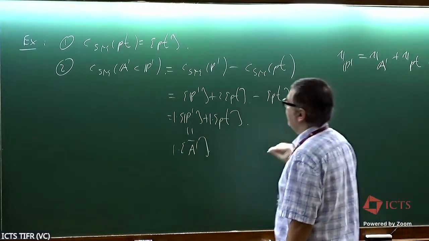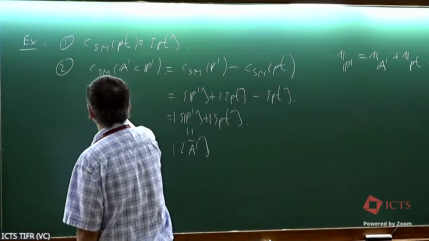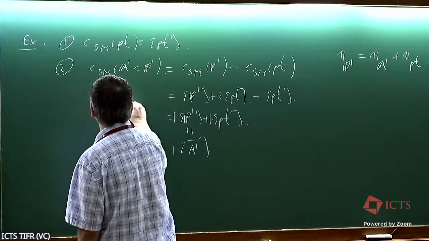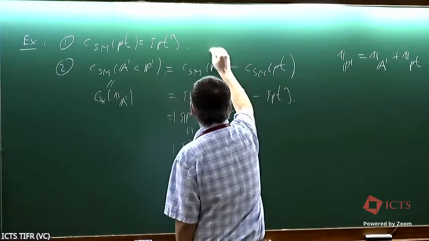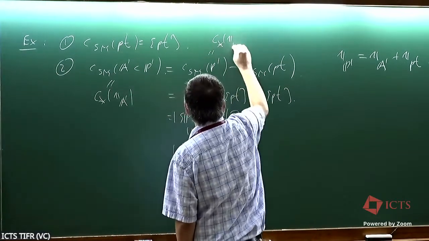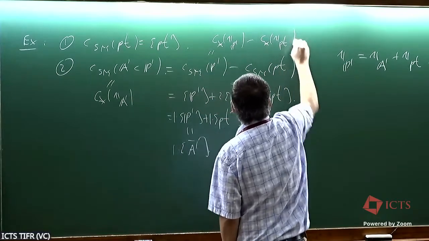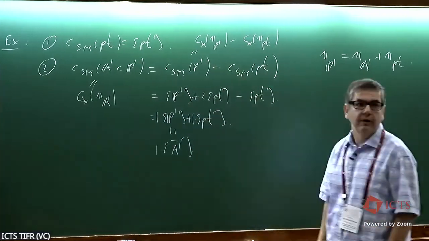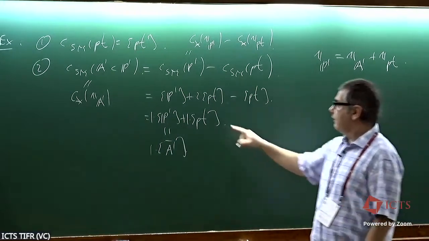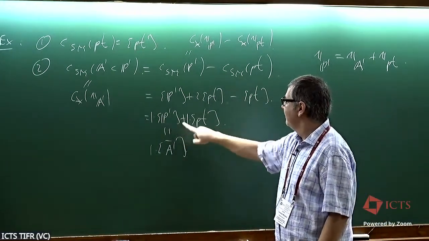Therefore, I was writing the CSM class of A1, which by definition is just the c star of 1 A1. And I was writing it as the c star of 1 P1 minus the c star of 1 of the point. And then I just calculated both. Oh, where does the 2 come from? Oh, this one.